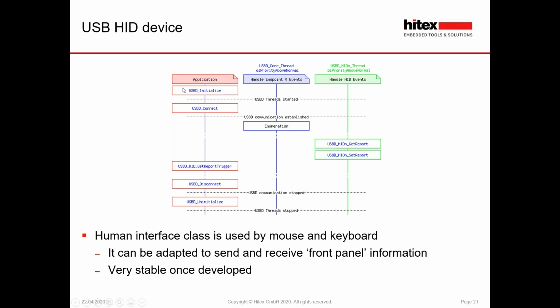So here, again, we come in, we can say USB initialize, USB connect, and then this time we have our endpoints, and these have some callback functions, so get report and set report, that we can modify to send and receive data. So unlike virtual COM port, this is more of a streaming protocol.